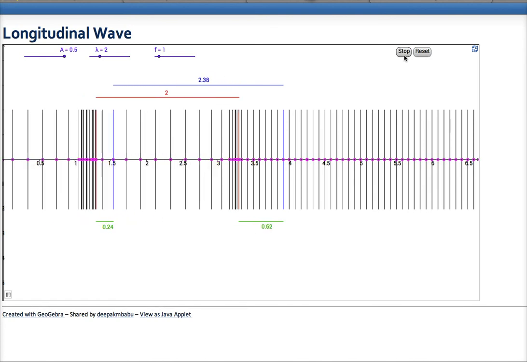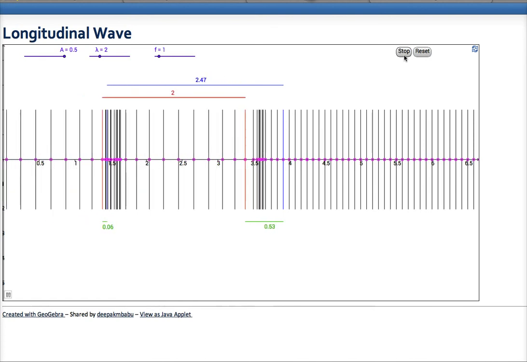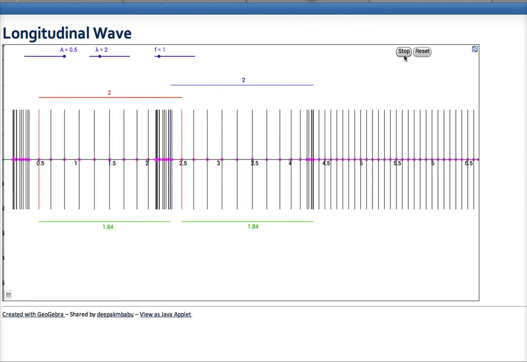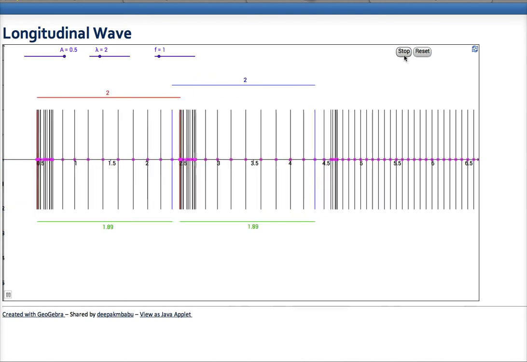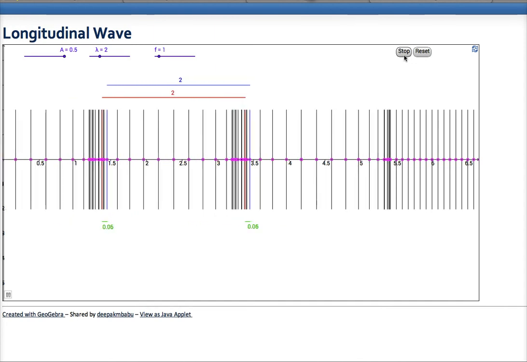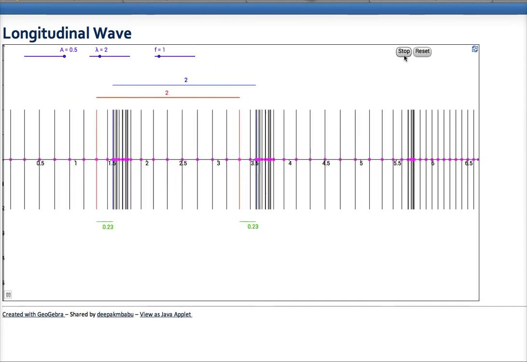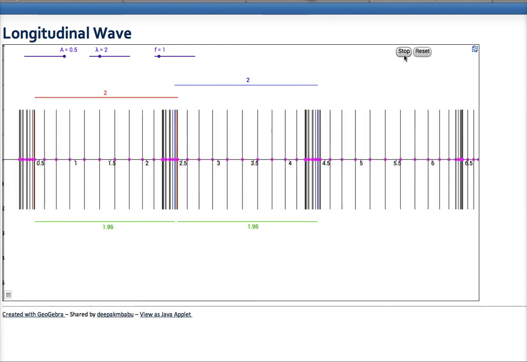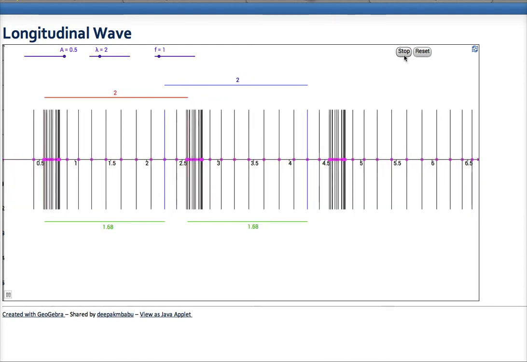So the distance between two consecutive particles in a rarefaction is much more as compared to the previous case. So that's the impact of amplitude. It doesn't really change the velocity of the wave or the frequency or the wavelength. The only thing it changes is how much of a compression it is.